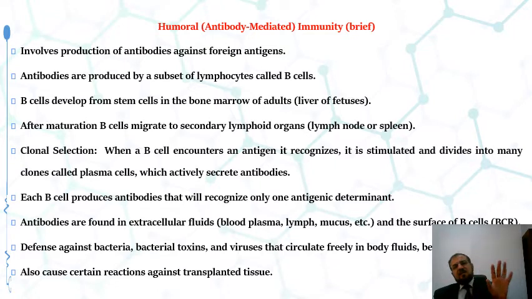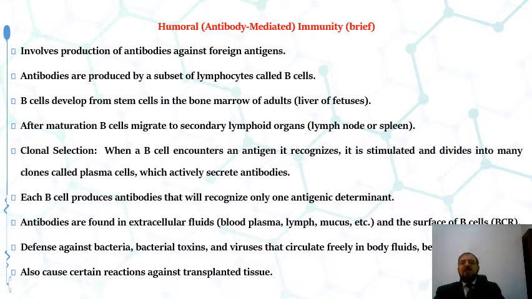While the memory cells are dormant, some of the memory cells may stay in the secondary lymphoid organs, others may migrate to the bone marrow. They will stay dormant in the body for years or even a lifetime. They will never be active again unless the same exact antigen reinfects the body again.